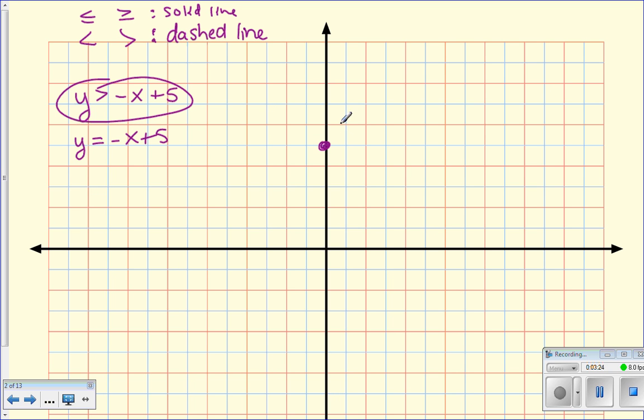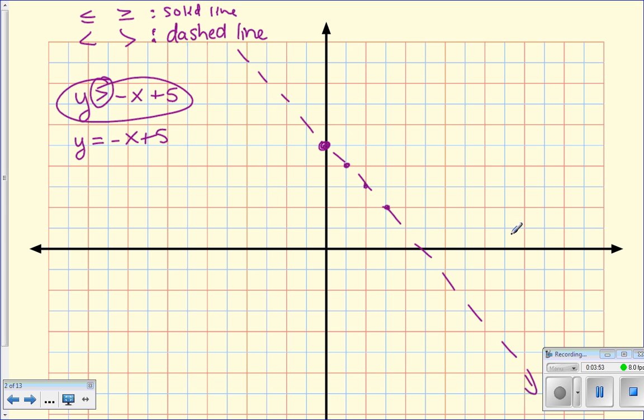A slope of negative 1, so go down 1, right 1, down 1, right 1. But when I use the ruler, instead of a solid line, because this is greater than, I'm going to use a dashed line to represent that it can't actually be on the line, but it's going to be our boundary for the shaded region.